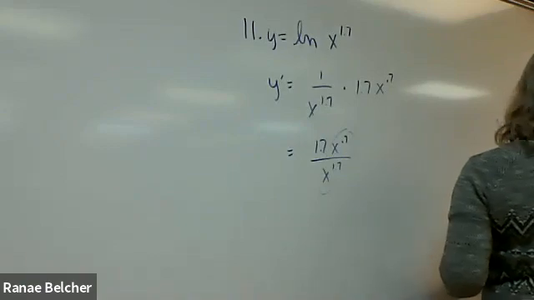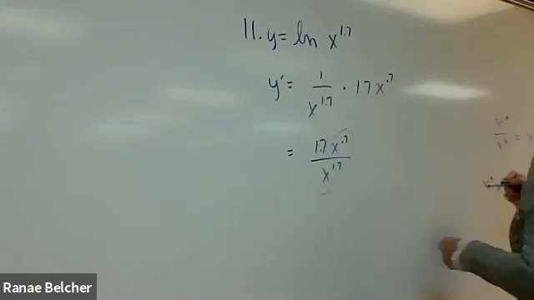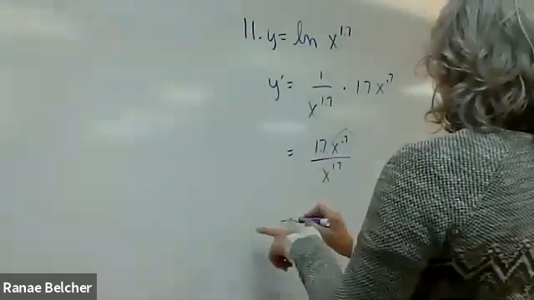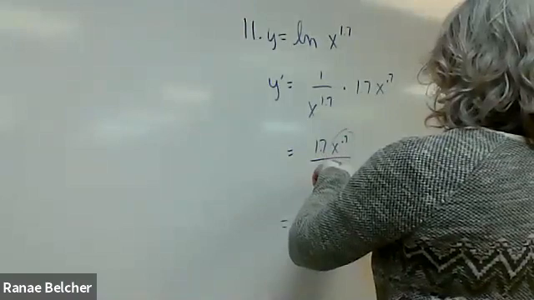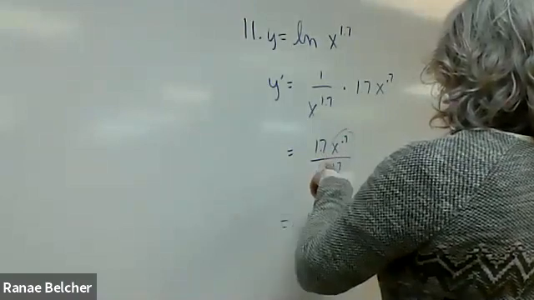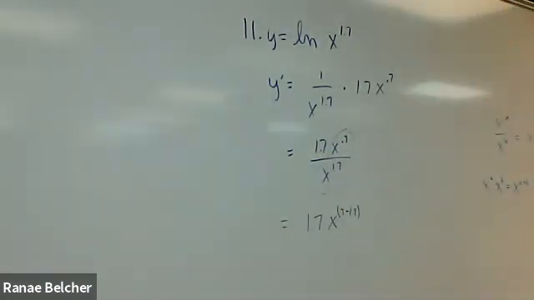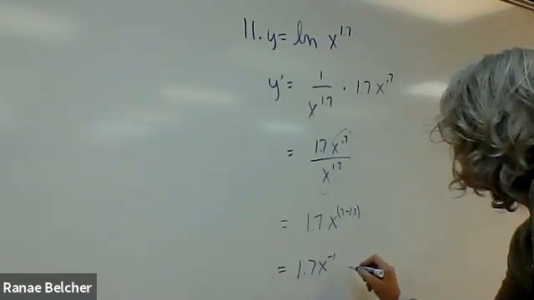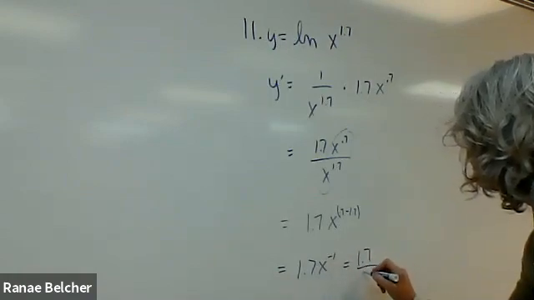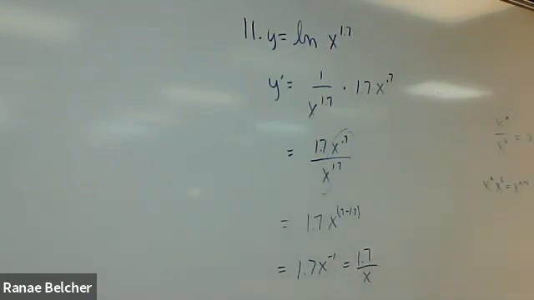So for division it would be a minus b. And so you can simplify all of that to 1.7 x to the 0.7 minus 1.7, which you could also write as 1.7 over x if you wanted to. Same thing.